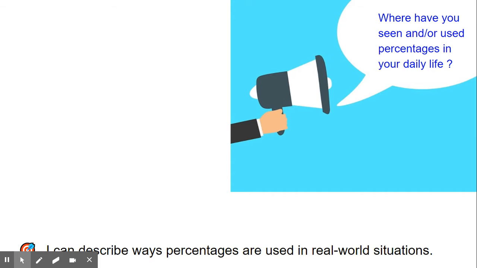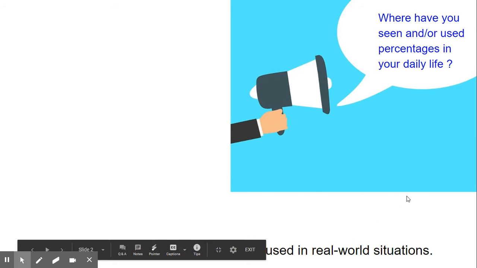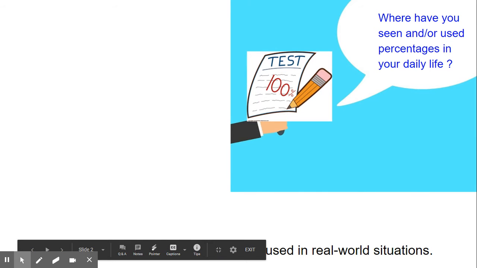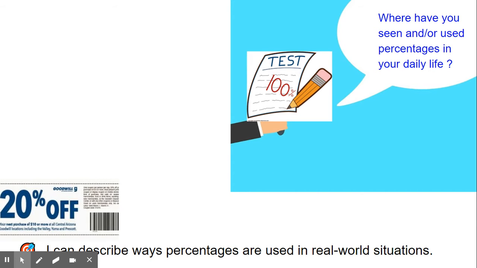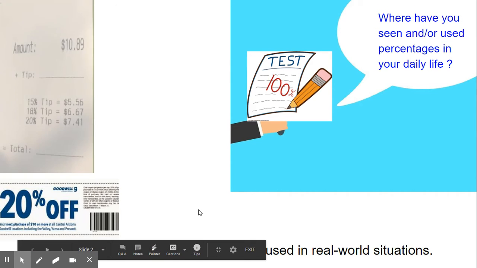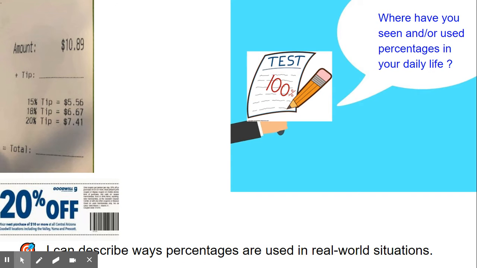All right, I hope you had an opportunity to do some brainstorming. Have you seen percentages on tests? Maybe not recently since we've moved to standards-based grading, but we do see percentages sometimes on tests, test scores. How about coupons? 20% off at Goodwill. I love Goodwill. I want to know what that 20% off means. How about on receipts at restaurants?